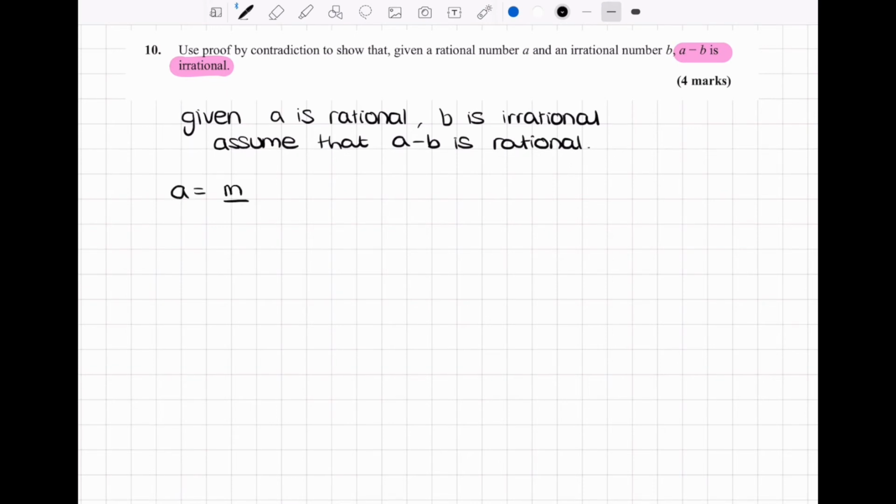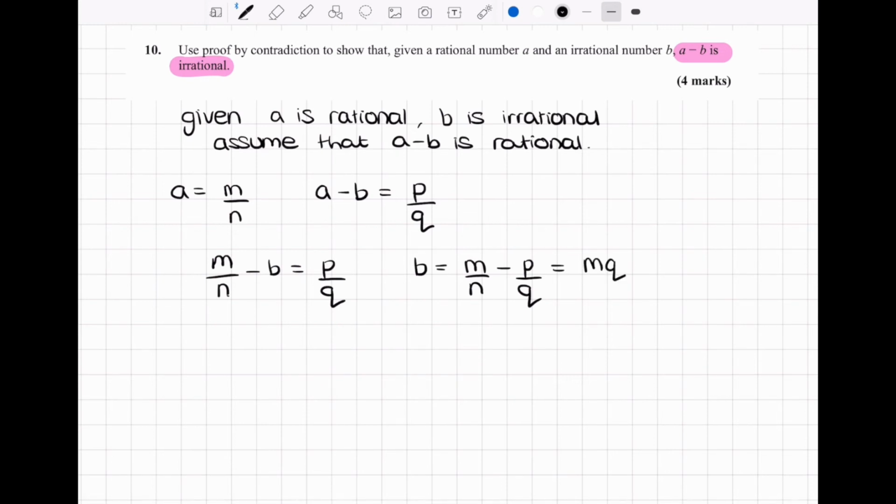So if a is rational, we can write it as a fraction, m over n. You can use any letters here. A minus b is also rational, so I'll use p over q. So if I sub those into a minus b equals p over q, rearrange, get it over one fraction, I've got this one fraction equals b, so then b must be rational.